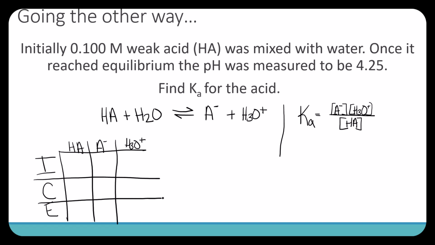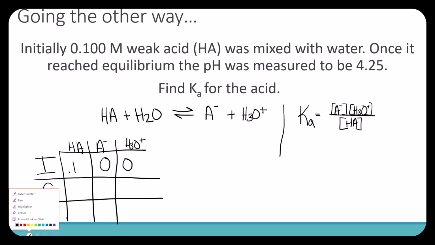And our initial is going to start the same way that it has. So I'm trying to attach all the things that we've been doing before we talk about what's new. So initially our weak acid, just like we've always started these, is going to be this initial value. There is no mention of the products initially, so we're going to assume 0 and 0.